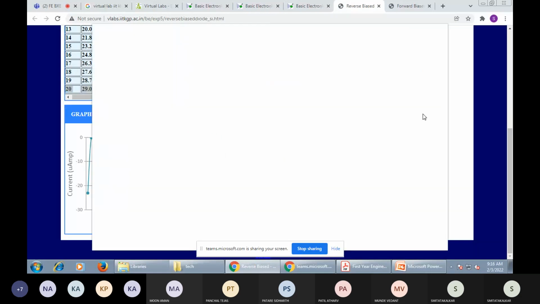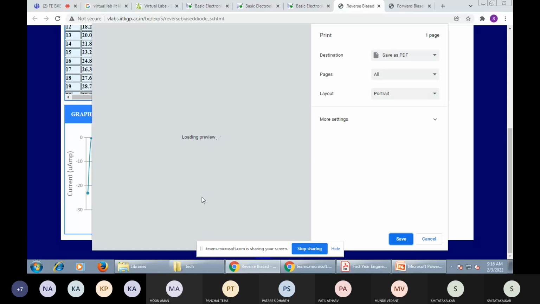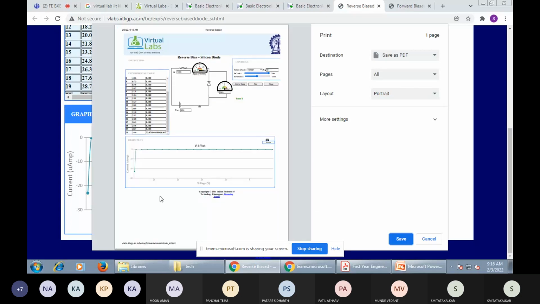Click on the print button, save as a PDF file, and save in a proper destination or proper folder, like C drive, D drive, whatever drive you select, and a proper folder, like BXC folder, basic electronics folder, and save its outputs. Okay.